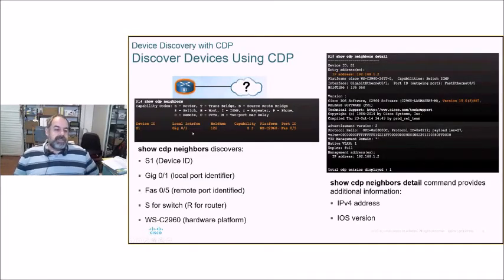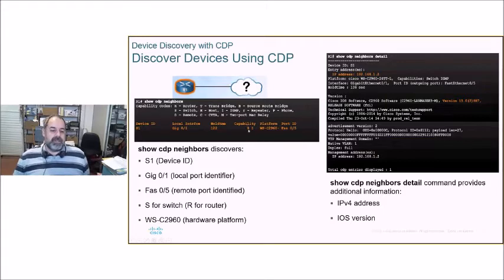So here is a show cdp neighbors, and it shows that R1 has discovered S1, so I'm assuming it's a switch. On R1 it's gigabit 0/1, and hold time is basically how long we will assume that device is still up. After 122 seconds of not hearing from it as far as CDP is concerned, it will clear its entry out of this info.